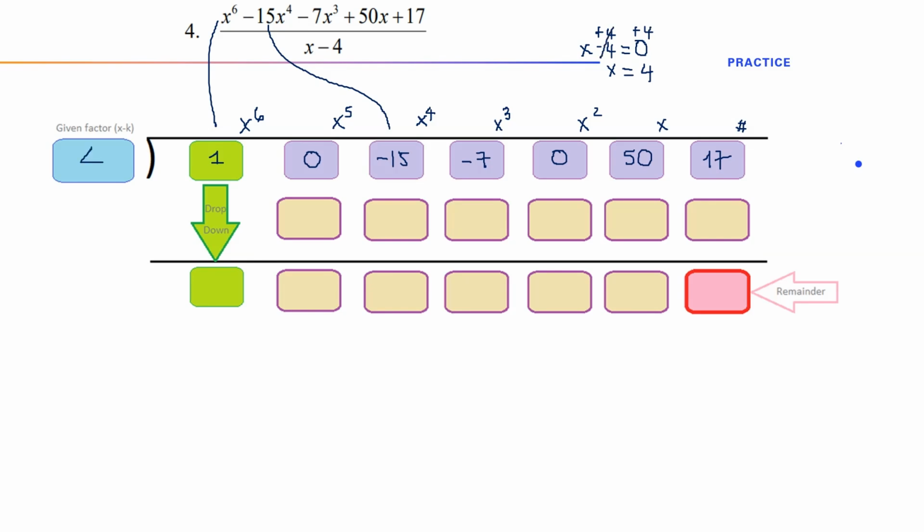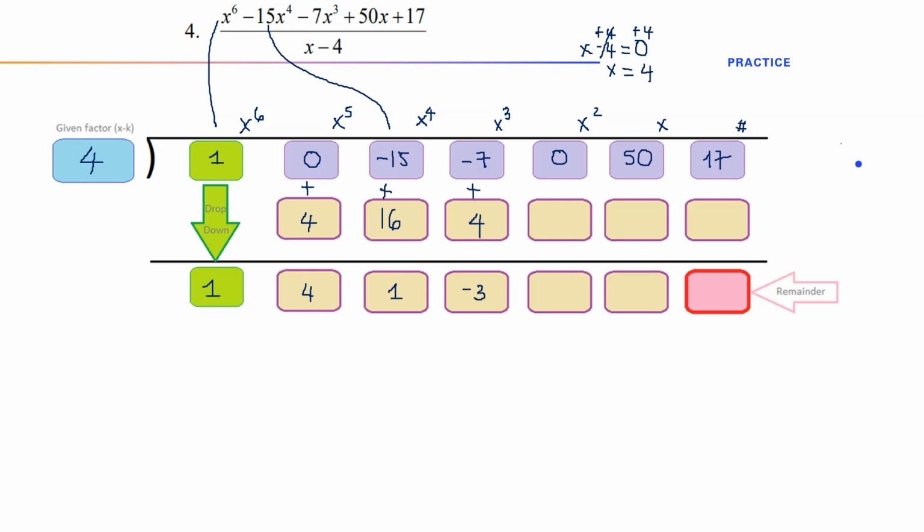Okay, so this is 4. Now drop the first one. Now 1 multiplied by 4 is 4. And 0, that's 4. 4 times 4 is 16. Add negative 15, that's 1. 1 times 4 is 4. 4 plus negative 7 is minus 3.